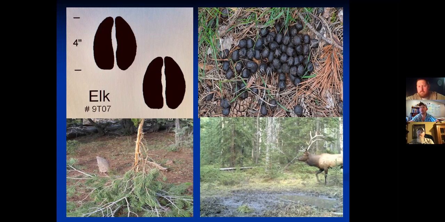So if you come by and see a muddy pond, and it hadn't rained for a little while, it's a pretty good clue that something big has been stomping around in there. Seen that a couple times over the years. We'll let Dan get wrapped up and circle back on a couple of these things that I think are important for hunters to be thinking about while they're out there.